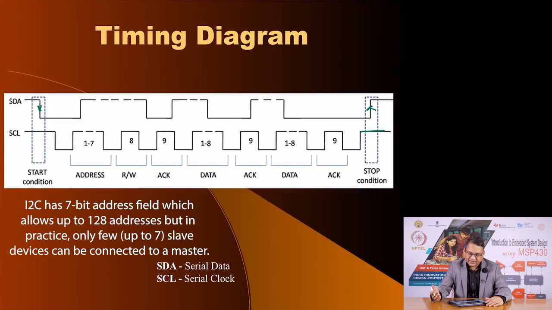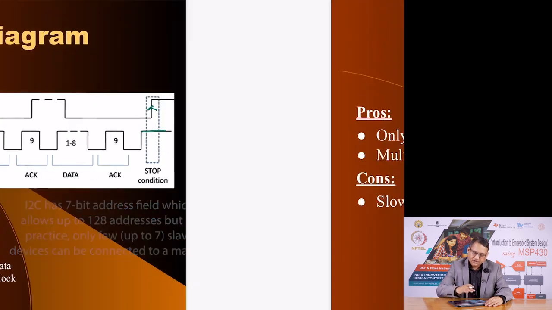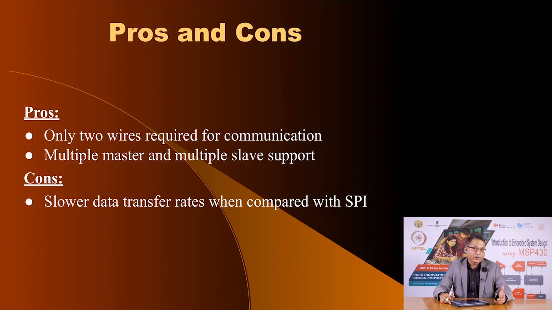This will terminate that packet of data, and the slave can then respond. Only 2 pins, 2 wires are required, so it is an advantage, and you can have a master and multiple slaves, but the rate of communication is much slower compared to what you can achieve with the SPI.